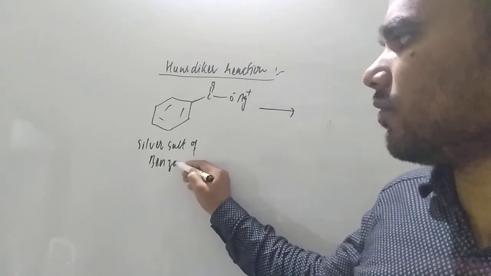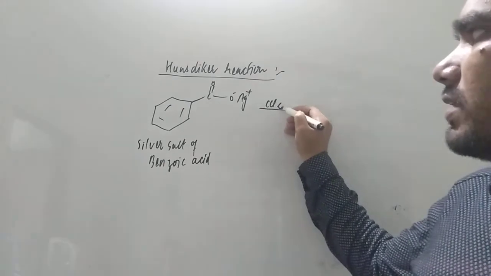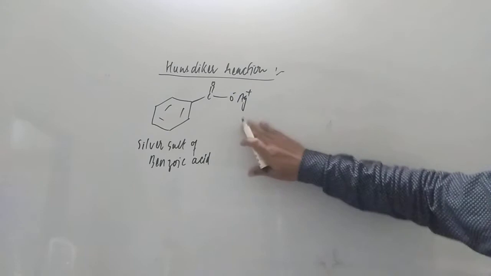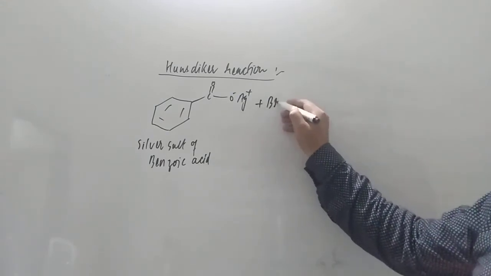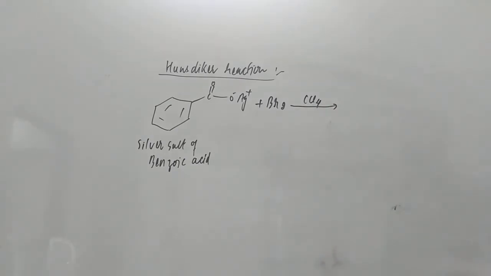The medium you are taking, student, is CCl4, carbon tetrachloride, and you are treating this with bromine, Br2. A non-polar medium, carbon tetrachloride, is taken. So what is going to form, student?